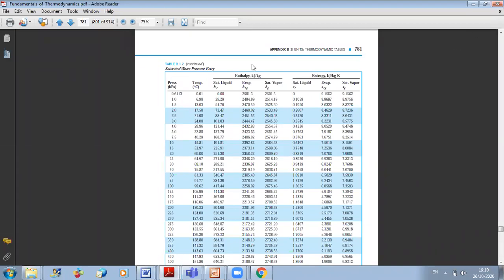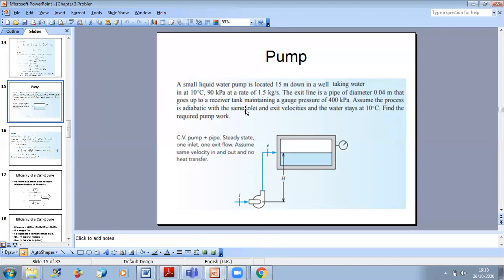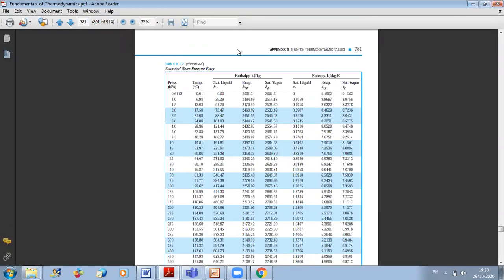If we go to the pressure entry, what are our pressures? We have two pressures. I think 90 and 400 kilopascal. Let me make sure. It's 90 and 400 kilopascal. Let us see in this table if V is varying.